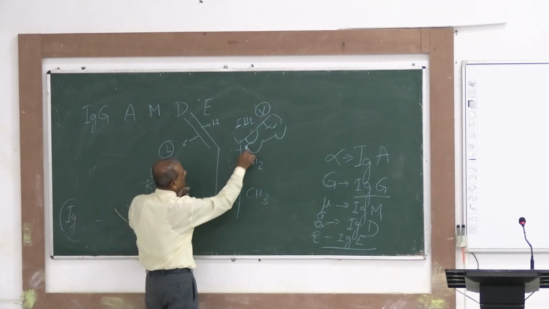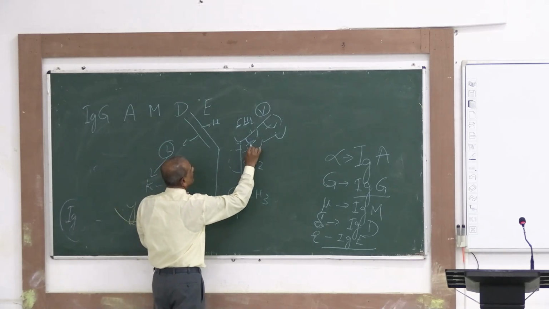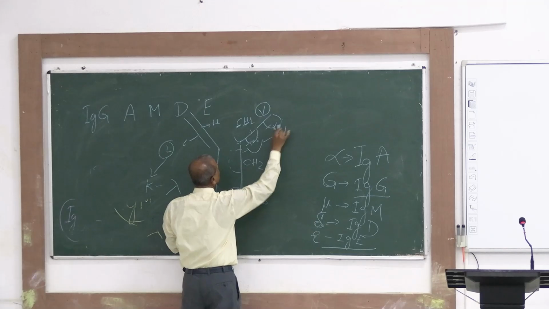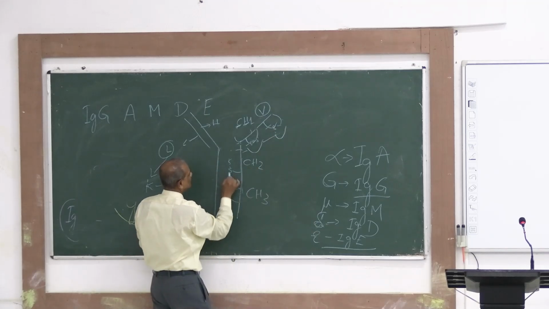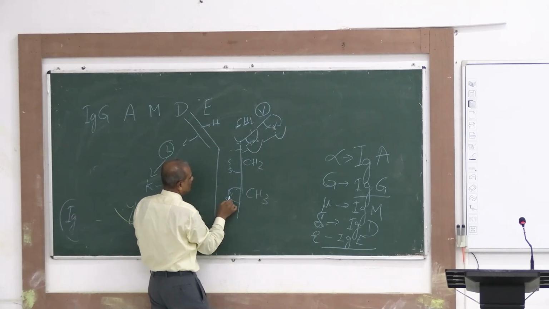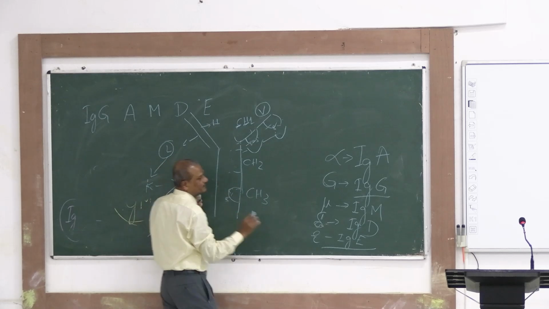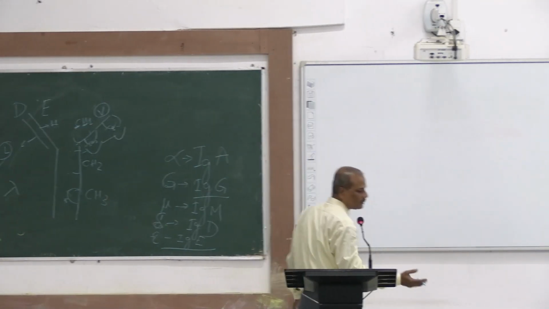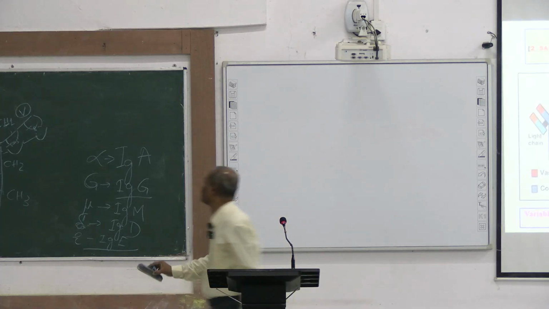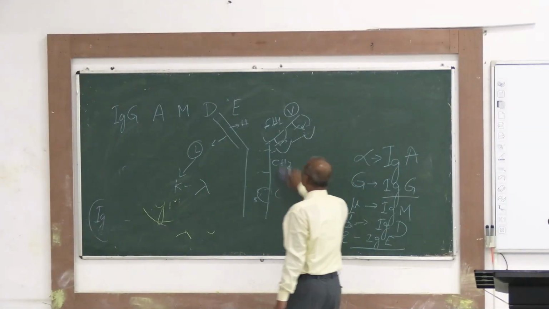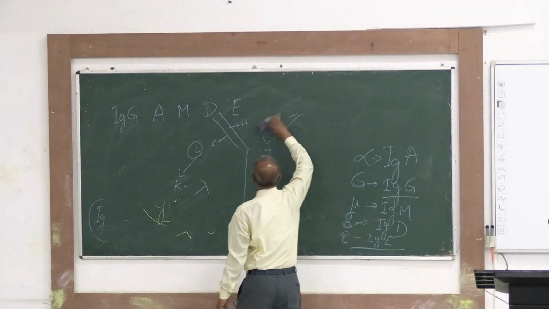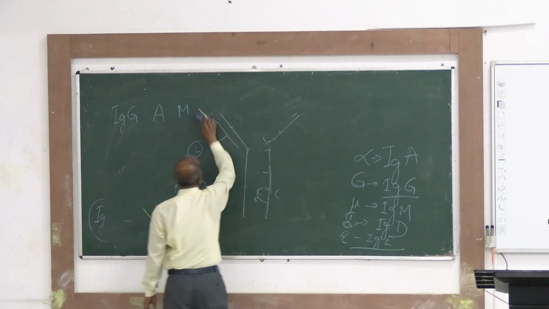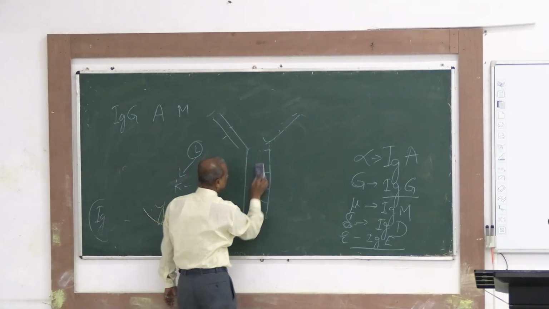Now there are disulfide bonds here, disulfide bonds here. So I am just representing it with this small structure.